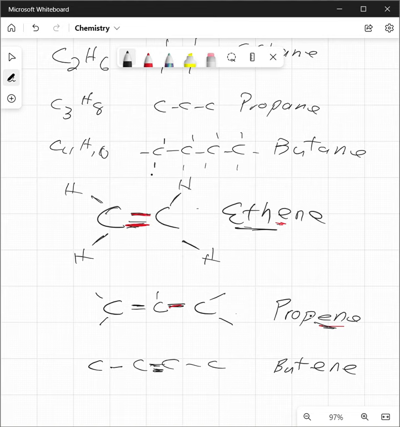So that's where you need to specify. We start counting 1, 2. The double bond is on carbon 2, so that is 2-butene. That specifies that it's right there.